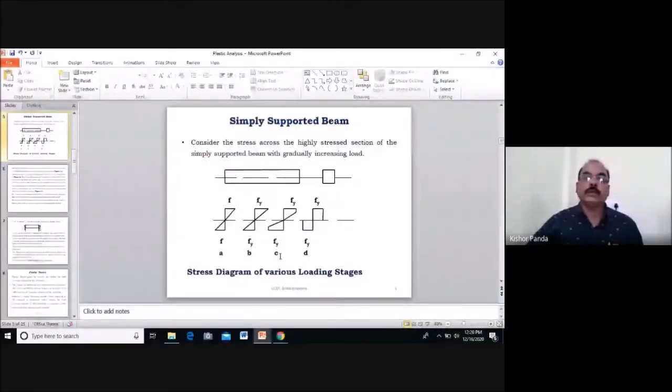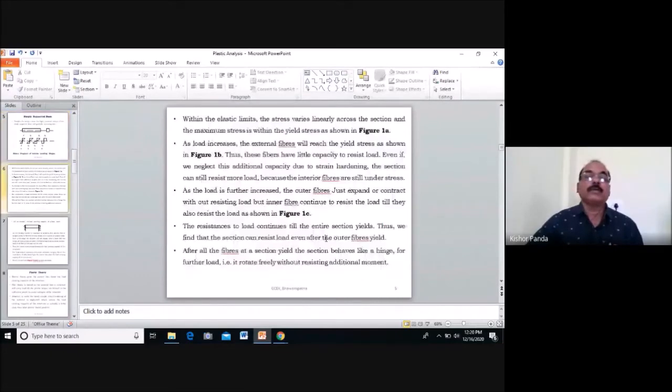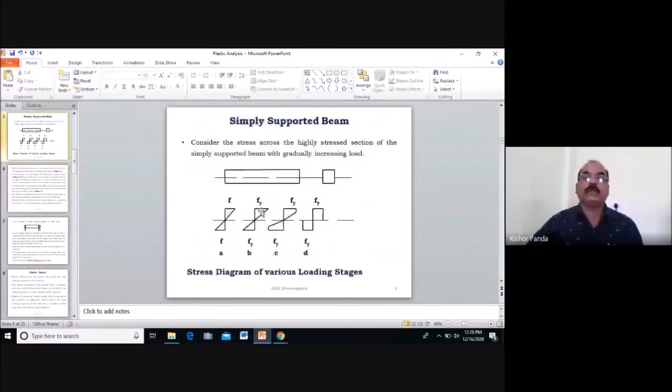After yielding of the outermost fiber, the yielding goes to the inner side. And in figure D, the fully top fiber and the bottom fiber yield. Within the elastic limit, the stress varies linearly across the section, and you get the maximum stress within the yield stress. Just at the yield stress, you get the maximum stress Fy.